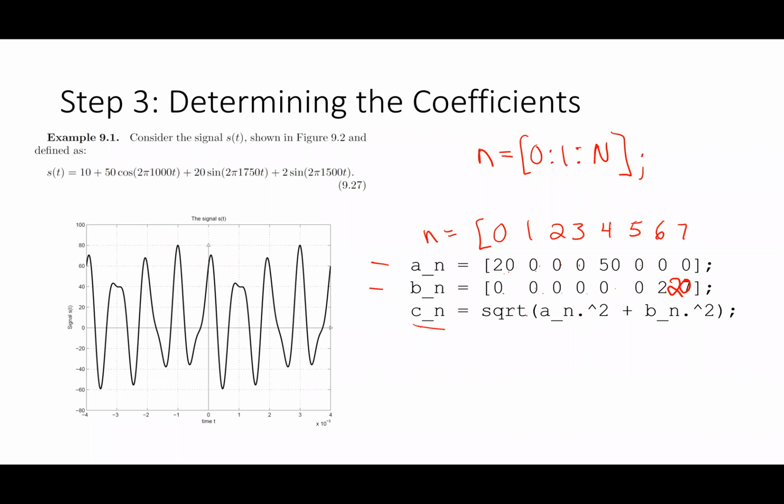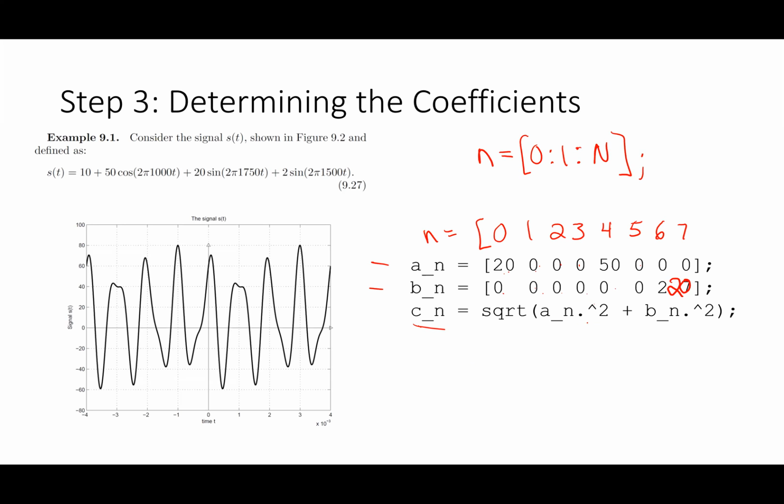I did square root of a squared plus b squared, but notice I have this dot square. What do you think the dot square does? So if I want to square something, I use that caret symbol, and that's squaring it, raising it to the power 2. Why do you think the dot? So it's element wise, right?